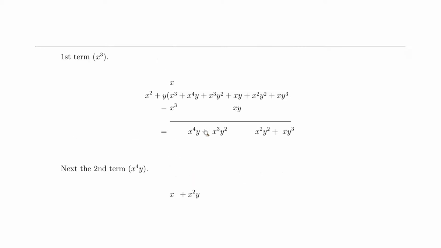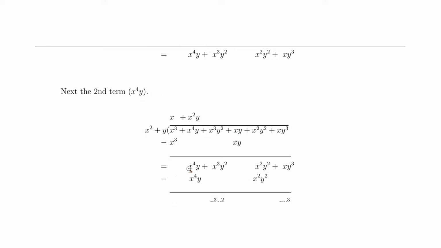So you see, just to go back again, this is our remainder from the first term. So this is the remainder where they're going to carry on down. So there's the remainder brought down. And again, go back to those terms. x squared y times x squared is x to the 4 y. So that will match up with that one. x squared y multiplied by y is x squared y squared. So that matches up with this one.